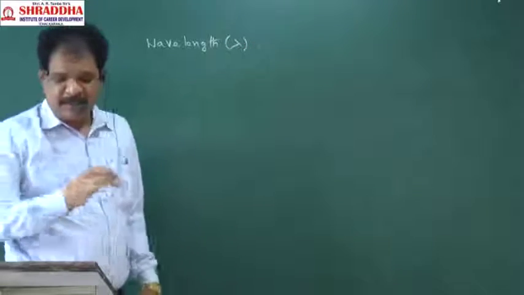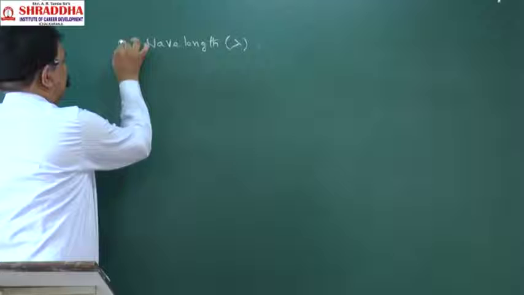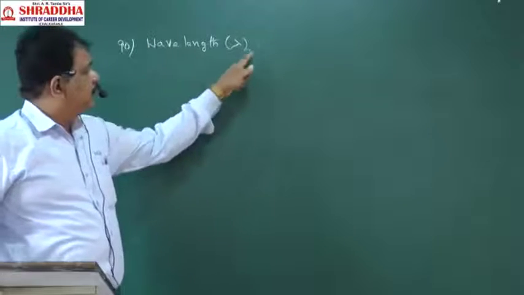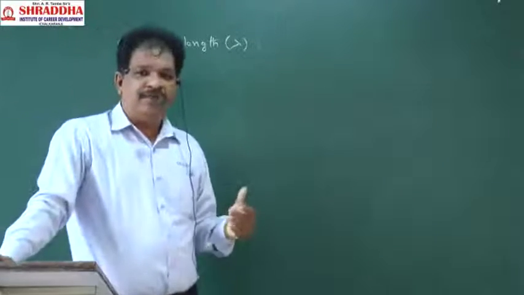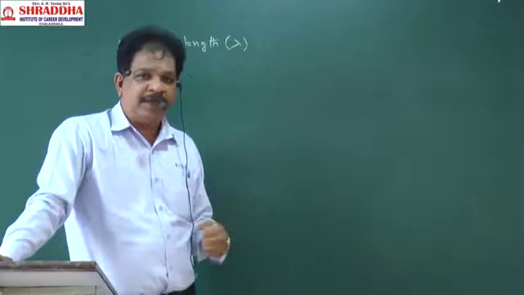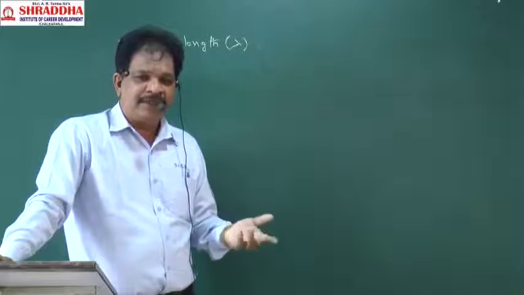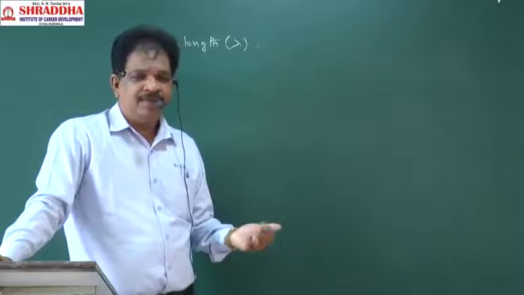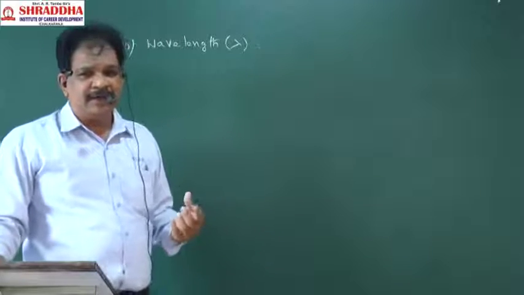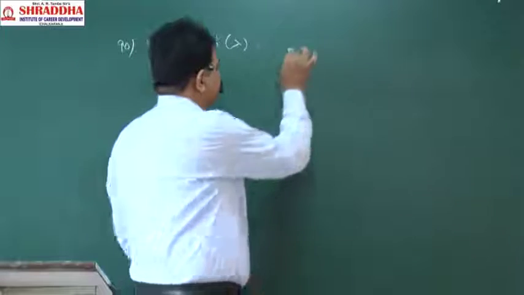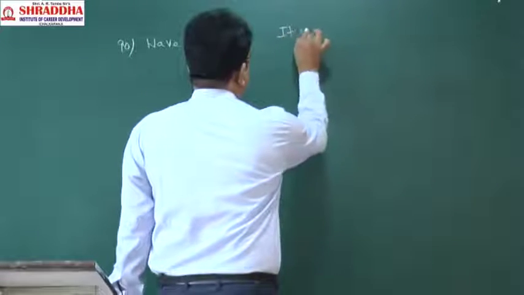Wavelength is indicated by the letter lambda. Wavelength means the distance travelled by the wave during its time period. In its time period, how much distance is the wave travelling? That will be called the wavelength. It is a form of length.